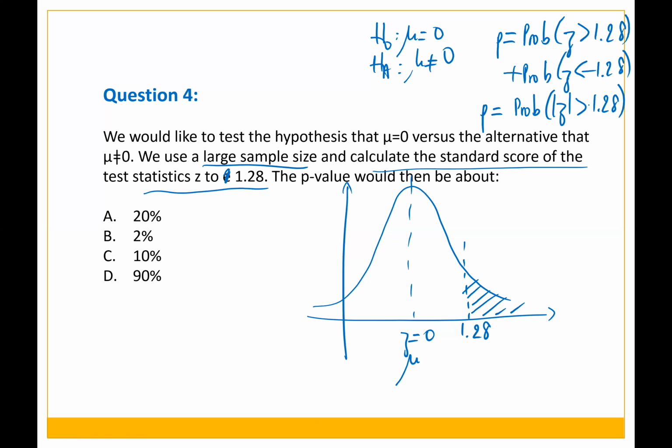So there are two sides of the normal population that we have to look at, this part and this part. If you look at the normal table again, this part is 10%, and this is negative 1.28, and this part is again 10%. So your total p-value is going to be 20%. If you want to have more reference or review this part, please feel free to look at the example in the online notes.